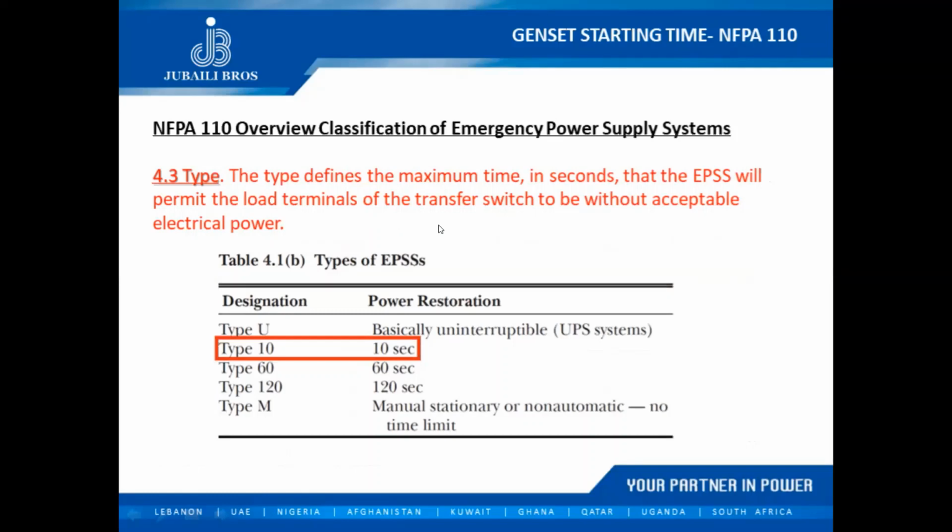So it's from the moment you lose mains power to the moment power is recovered on the ATS terminals. That is the time defined by NFPA 110. So when we say NFPA 110 type 10 is 10 seconds, this doesn't mean that my genset should be ready.